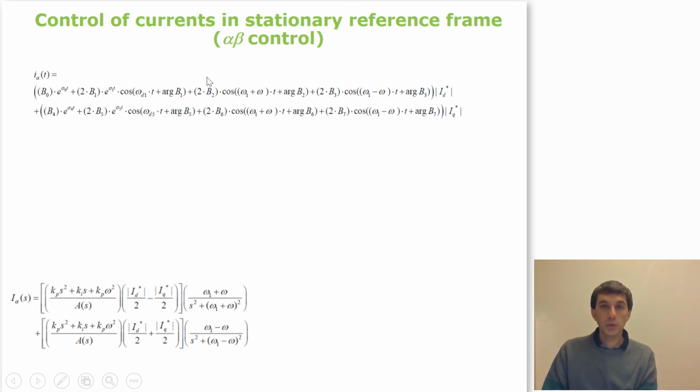Yes, these two terms are provided by the complex conjugate poles of this, which are here. And these two terms are the sinusoidal and cosinusoidal terms that remain at steady state, at one frequency and the other frequency, for D input currents and for Q input current.